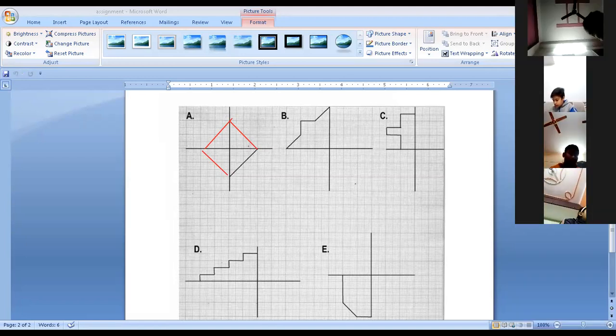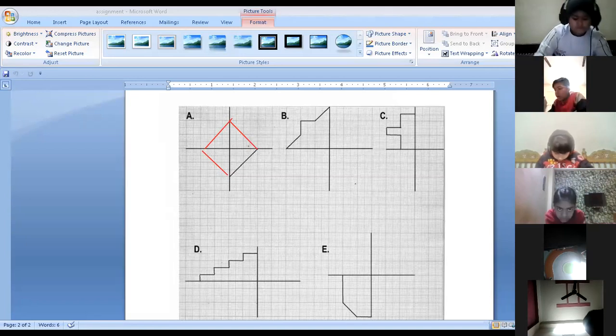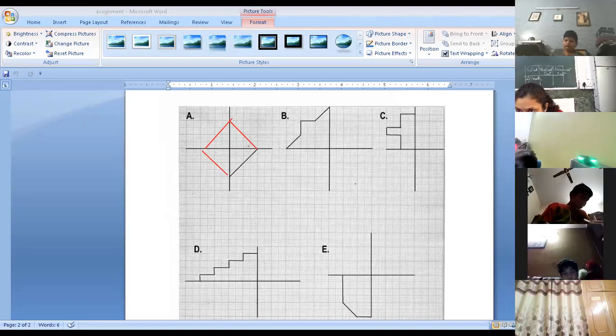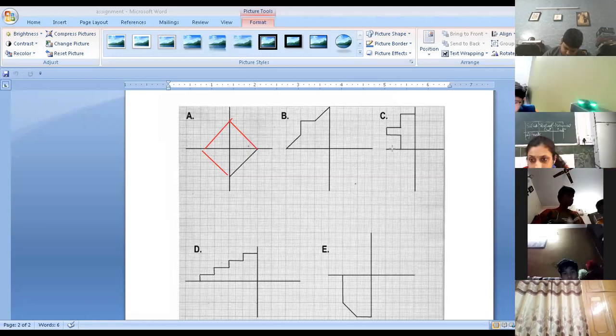Joel, Tanya, Priyanshi, Bhumika, open your camera. Draw all the figures on a graph sheet. Next question.